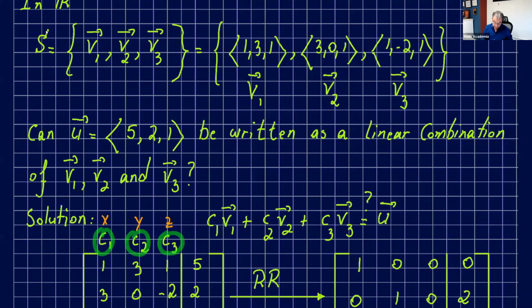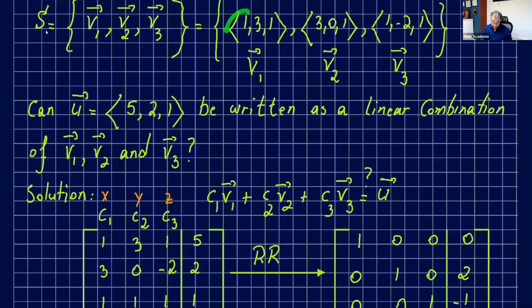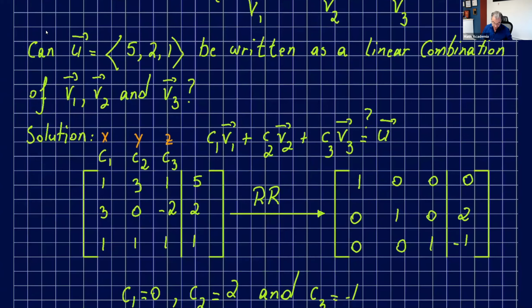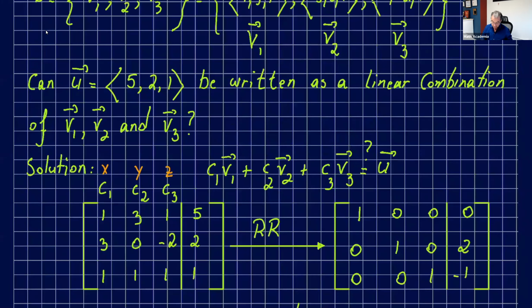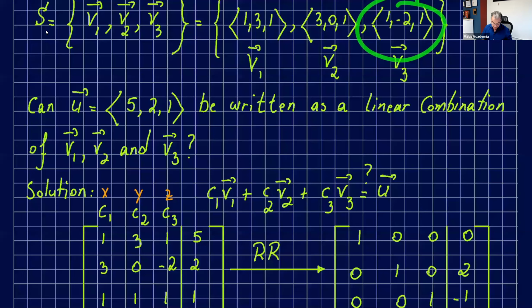For C1, as you see, you have those components, 1, 3, 1. For C2, you have 3, 0, 1. And for C3, you have those. So these are the columns.